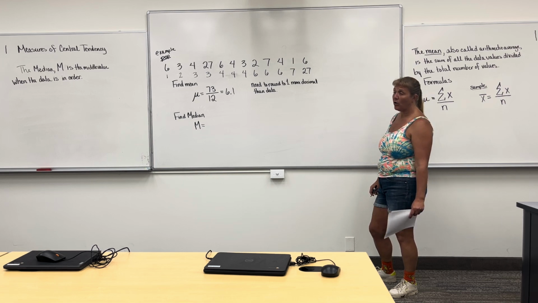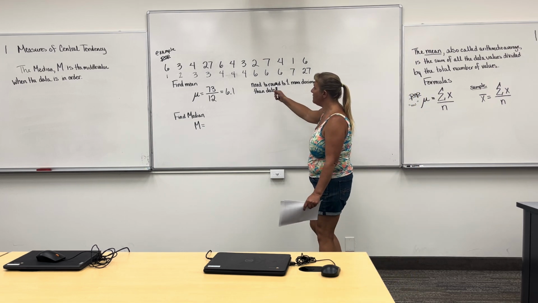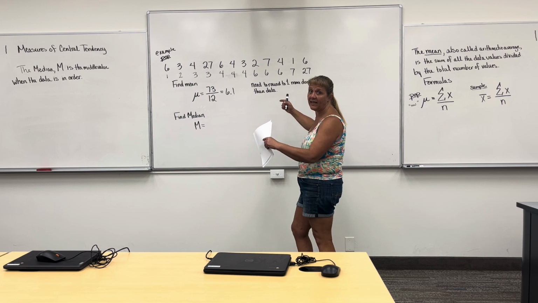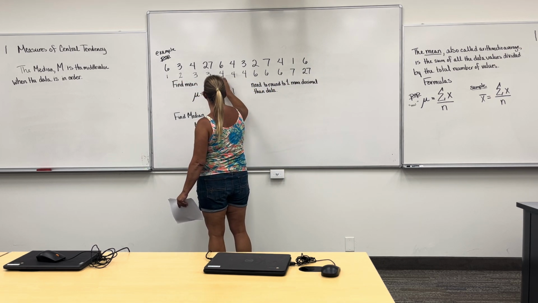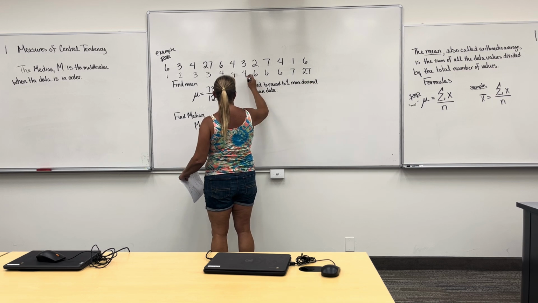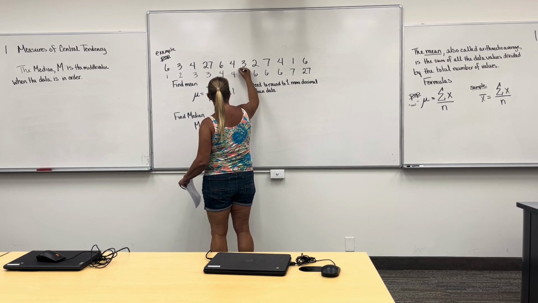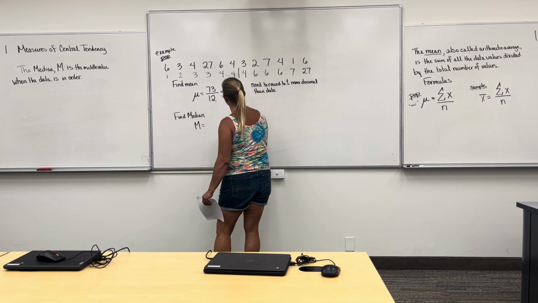All right, so we get them in order, and then we have 12 numbers up there, so we're going to go 6 in each direction. So if we go in 1, 2, 3, 4, 5, 6, and we come in 6 that way, we'll be right in between the 4 and the 4.